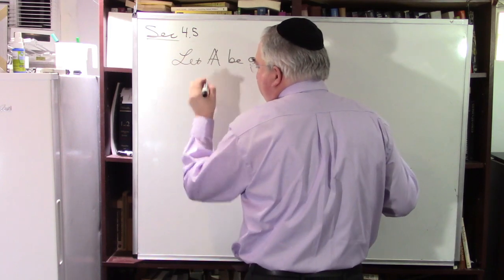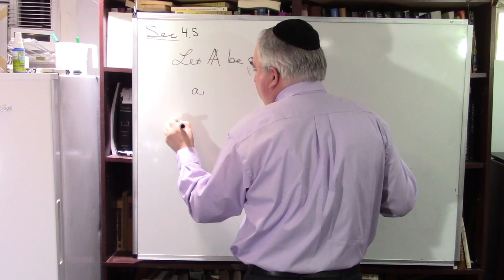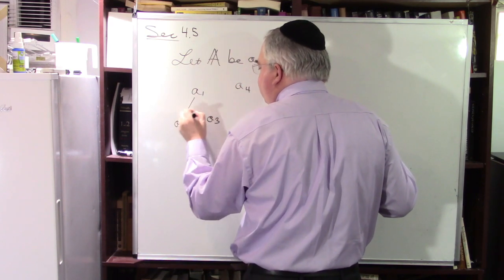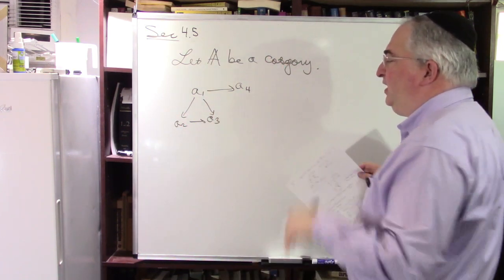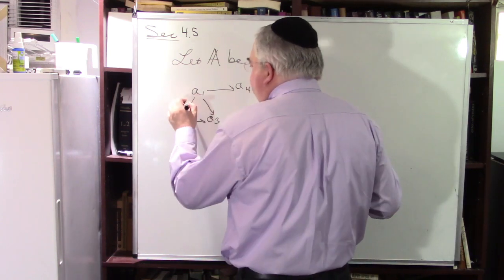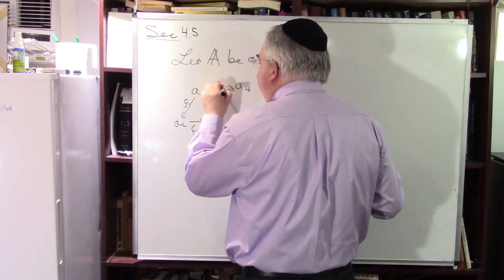So here's a typical category. We're going to draw a small one, A1, A2, A3, A4, and this has a map like this, and this has a map like this, and this has a map like that. Of course, there are identity maps, etc., etc. Okay, but I want to give these names also, F1, F2, F3, F4.